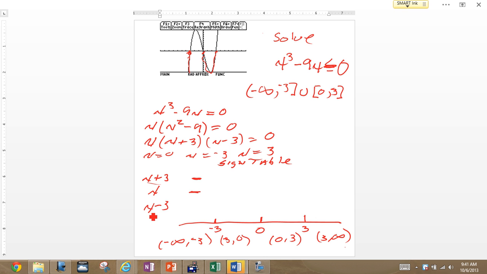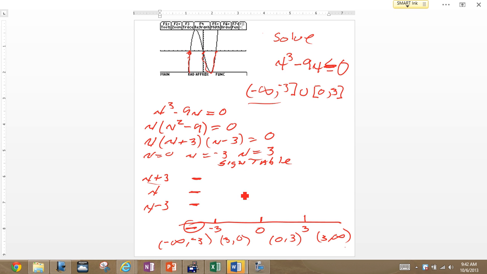Negative 4 minus 3 is still negative. So the product of three negatives is negative. That's an interval below the x-axis, which means it satisfies that part of the inequality.